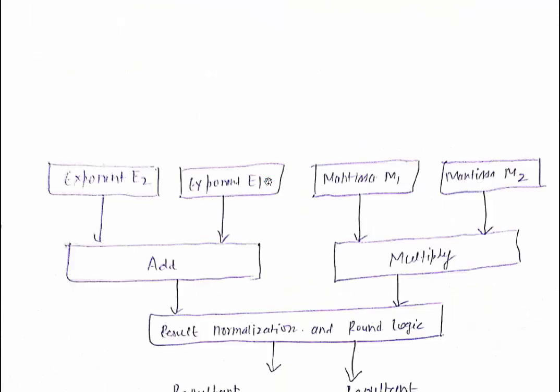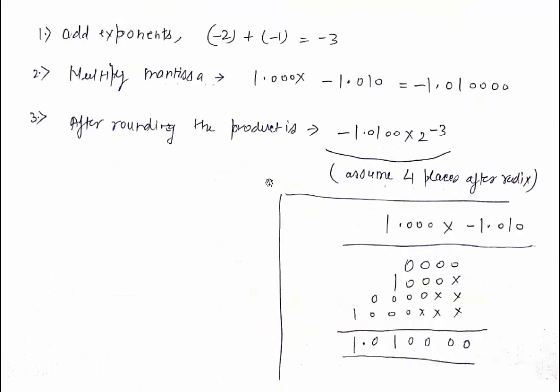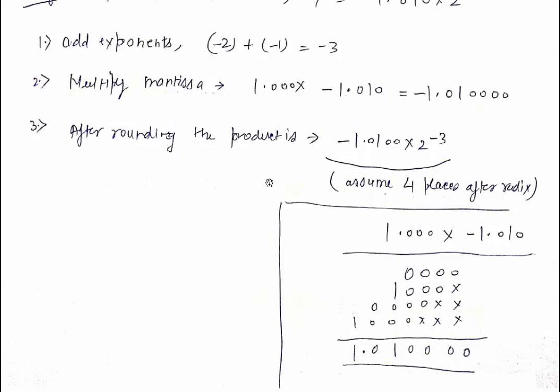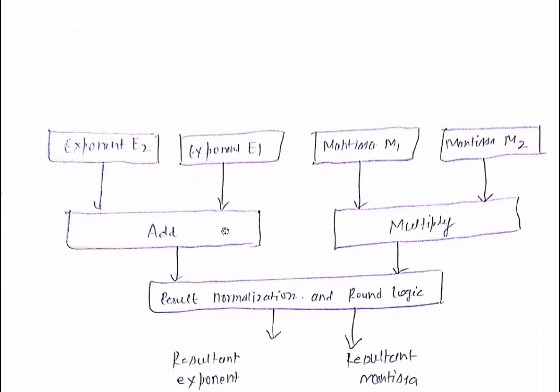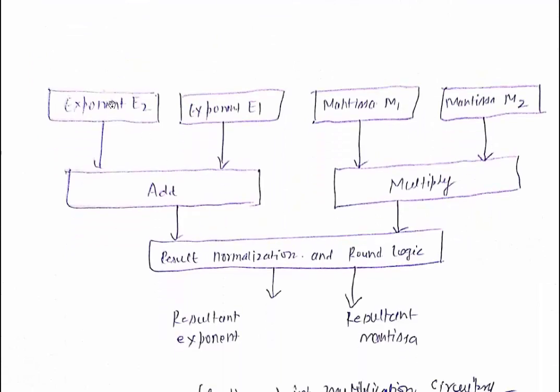Now you have to perform the rounding off. This is a negative number. If you have a positive number, it would be 0 point, and after that 4 places after the radix.